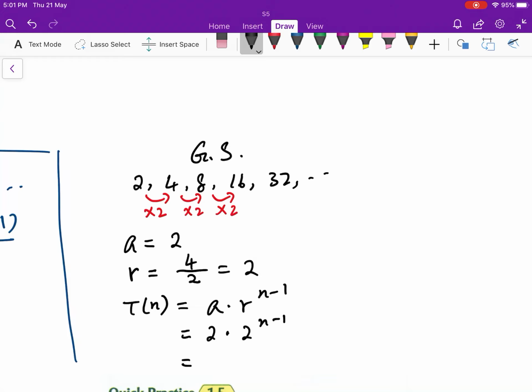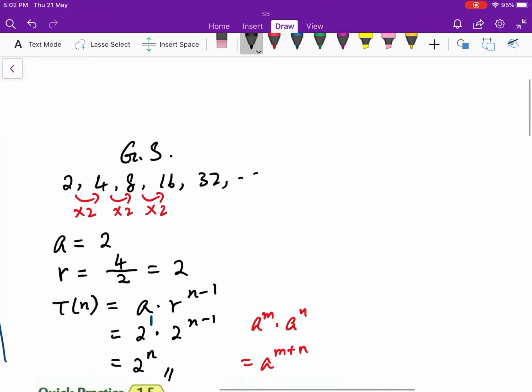This is not your final answer. Be careful: if there is something you can simplify, make sure that you simplify it. Here we are using a^m times a^n equals a^(m+n), so you add the powers together and it will be 2 to the power n. This will be your final answer for the GS general term.